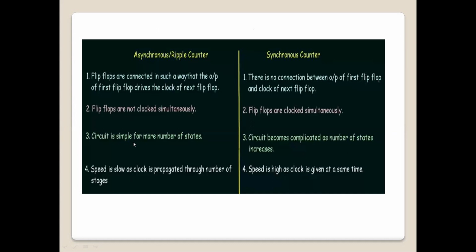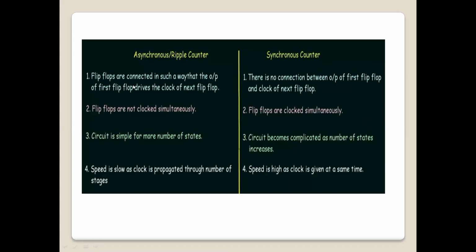An asynchronous counter is much simpler to design for a large number of states. For a synchronous counter, for a large number of states, the design process becomes complicated. In an asynchronous counter, all flip-flops are not clocked simultaneously. In a synchronous counter, all flip-flops are triggered simultaneously.